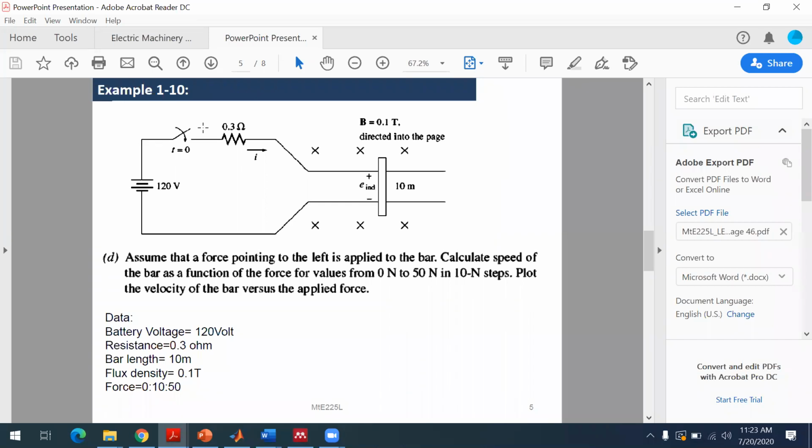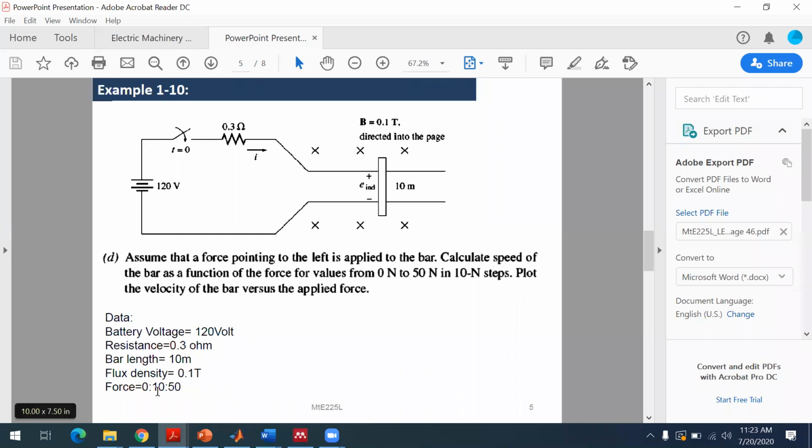This part of the book has made some mistakes, especially in selecting the length of the bar. They've selected 1 meter, which is not right. It is 10, right? And flux density is 0.1, and the force is 0 to 50, and the step is 10.